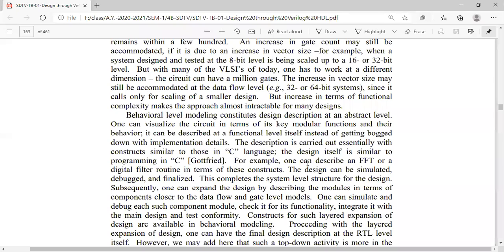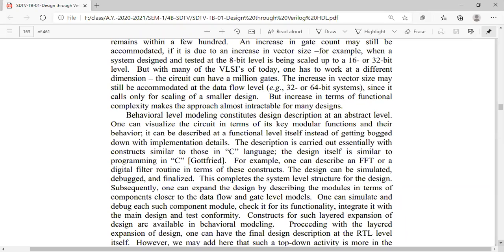Here, as an example, one can describe an FFT, fast Fourier transform, or a digital filter routine in terms of these constructs. That means we are describing the functionality of the FFT with the help of the constructs.